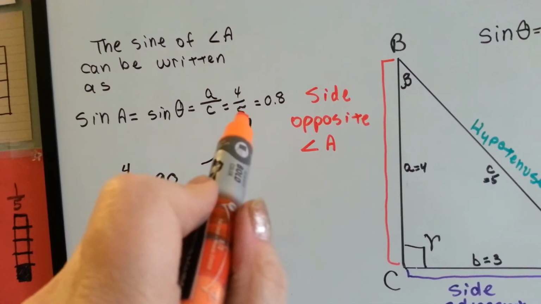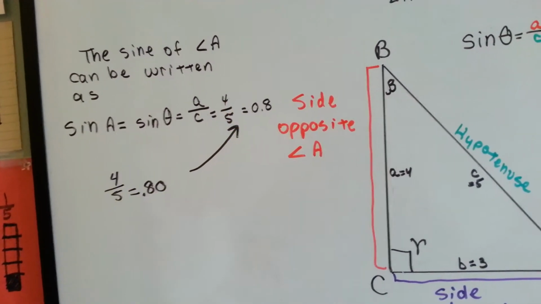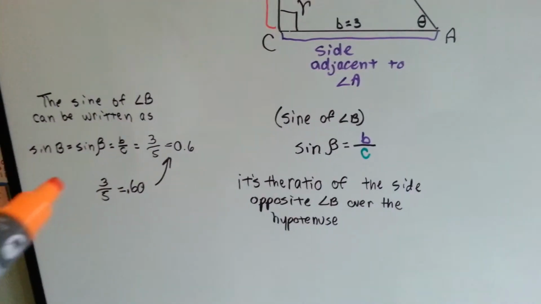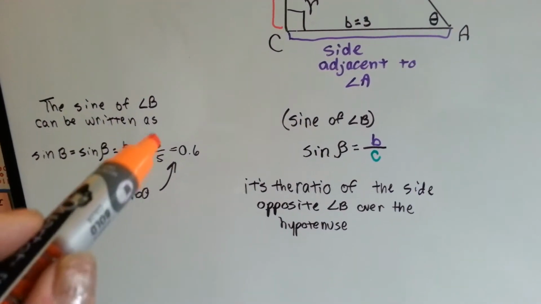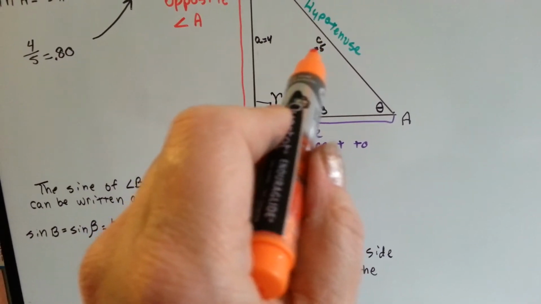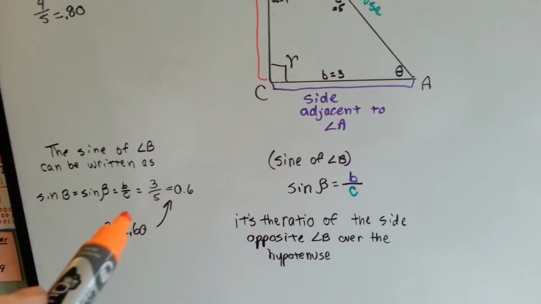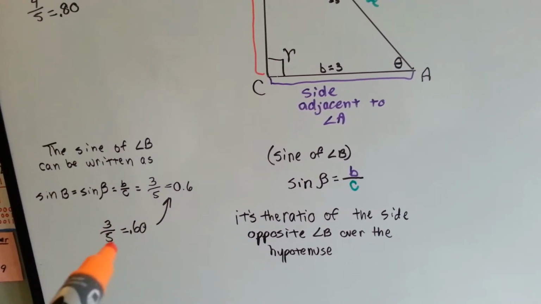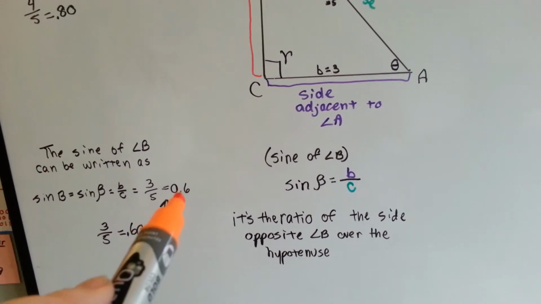It's 80 out of 100. Now if we were to do B, it would be 3 over 5, because B equals 3 and the hypotenuse is C, which is 5. So we would write it as B over C, or 3 over 5, and 3/5 is equal to 0.6.